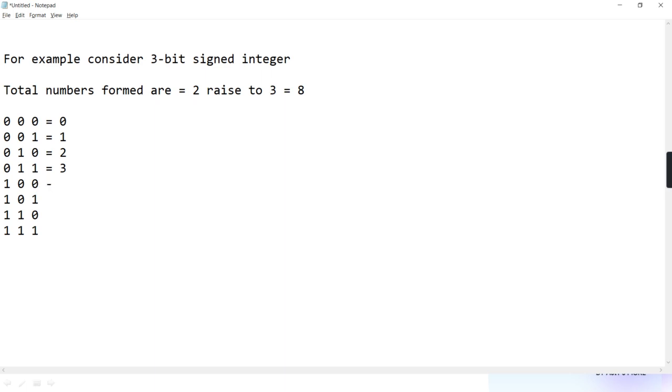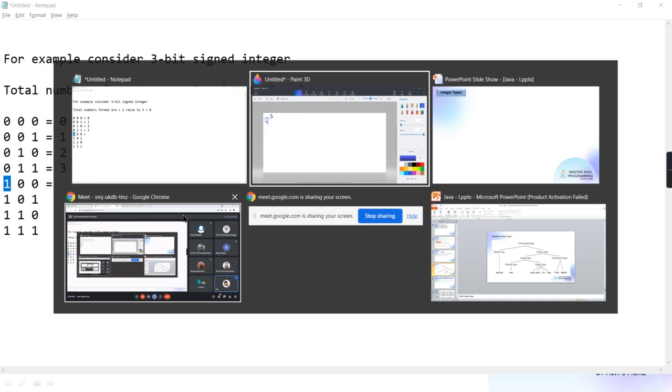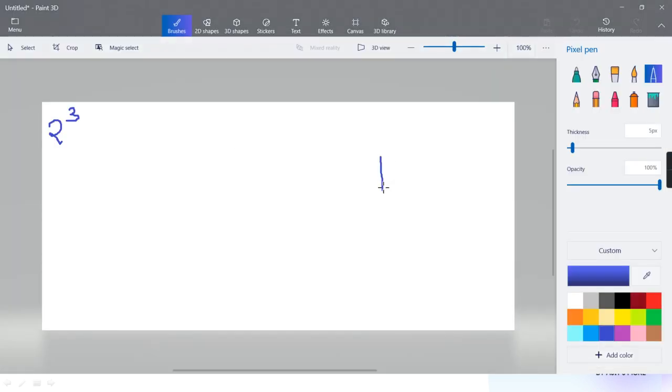From here onwards, can I convert directly to decimal? No, because the sign bit is 1. As the sign bit is 1, it is considered a negative number. So can I convert directly to decimal, or first do I have to convert it into 2's complement? 2's complement first. What is the 2's complement of 100? Same, no?